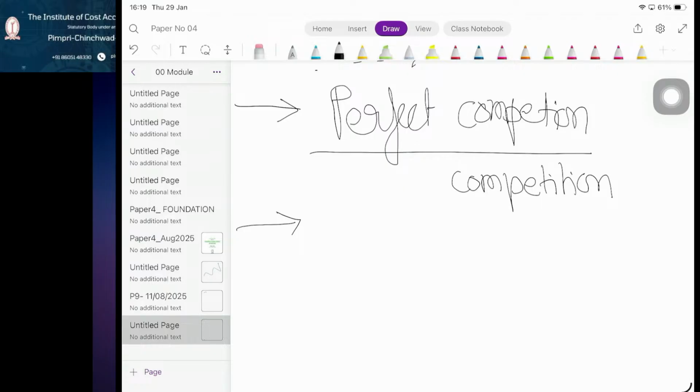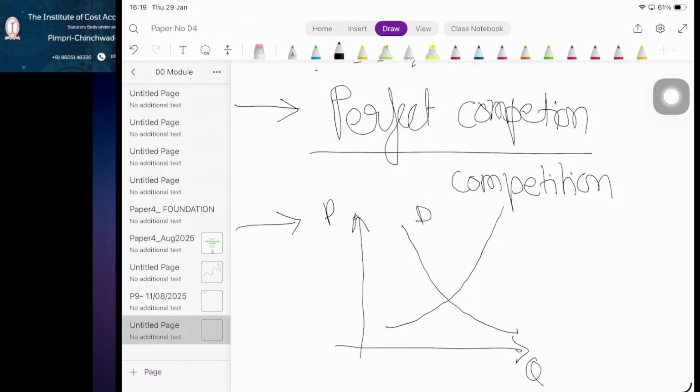When these conditions are satisfied, we have a downward sloping demand curve and an upward sloping supply curve. The equilibrium that we get is PE, and the equilibrium quantity that we get is QE.